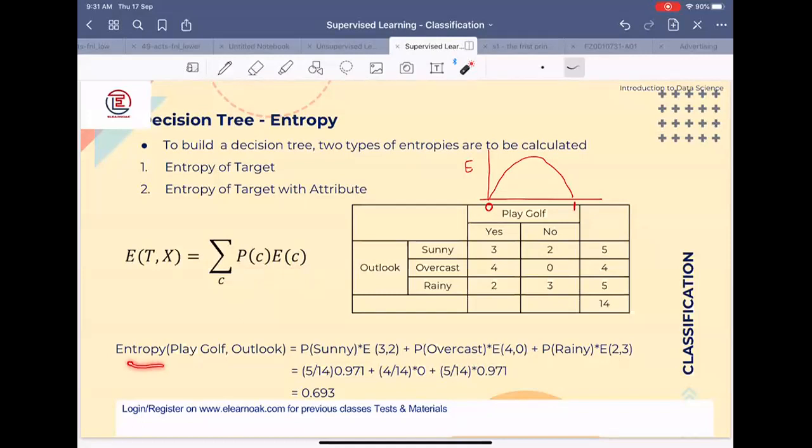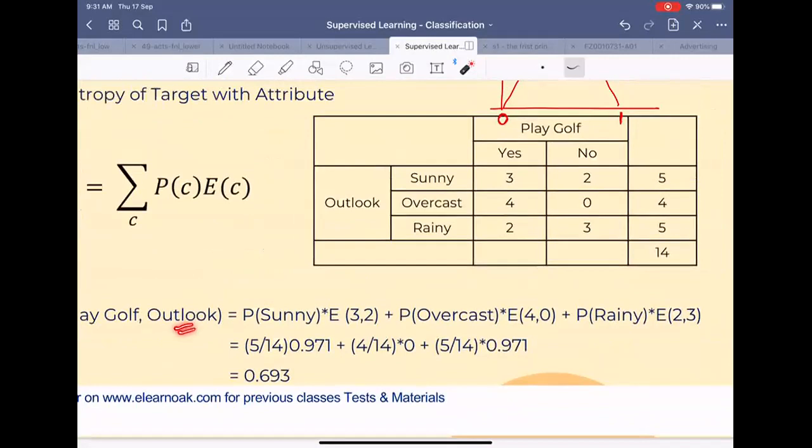So the entropy of the target playing golf for the attribute outlook is given by this term. The feature outlook has 3 options: sunny, overcast, rainy. So the entropy of playing golf with outlook is probability of sunny multiplied with entropy of sunny, plus probability of overcast times entropy of overcast, plus probability of rainy times entropy of rainy.